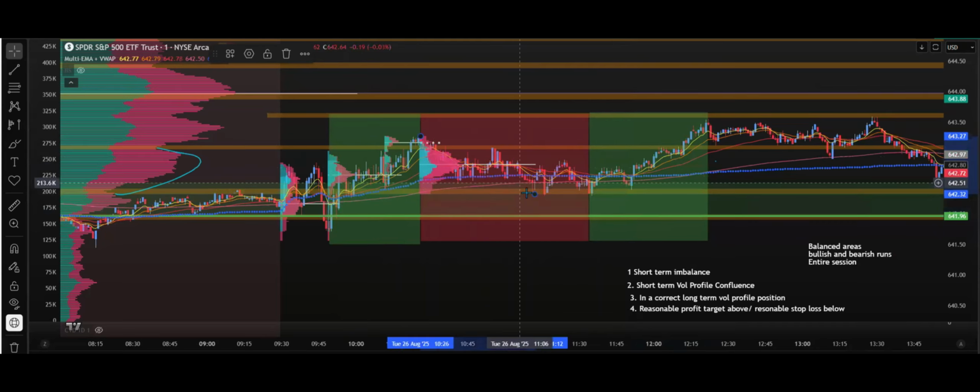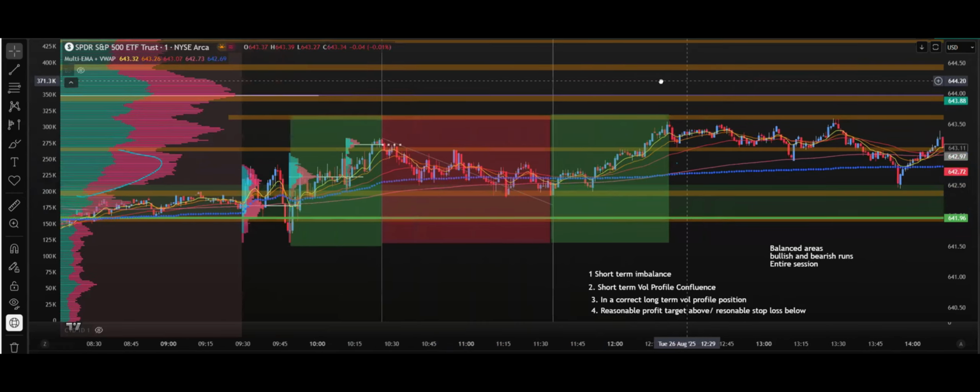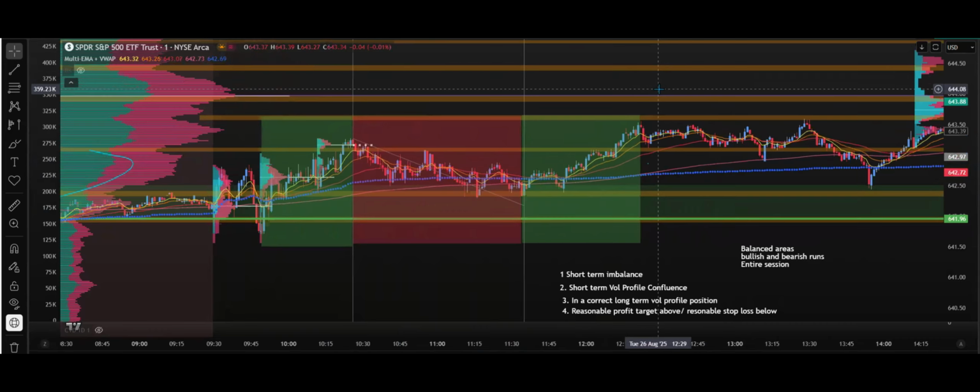So let's go ahead and pull our volume profile all the way here. And that would be our all-encompassing volume profile just for this swing down. This is the one for our swing up.